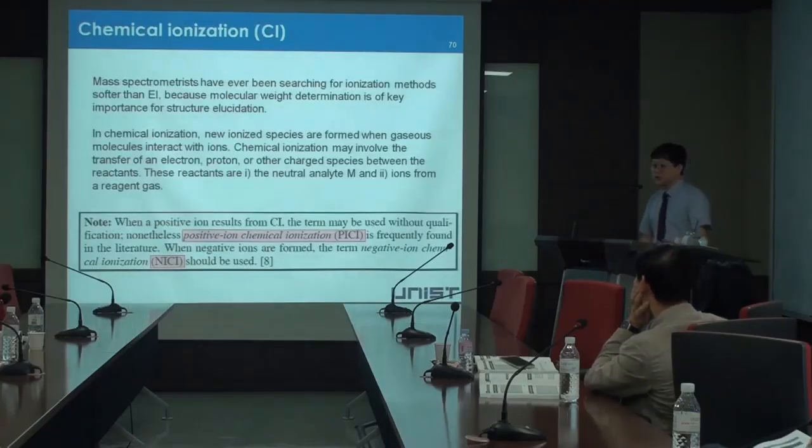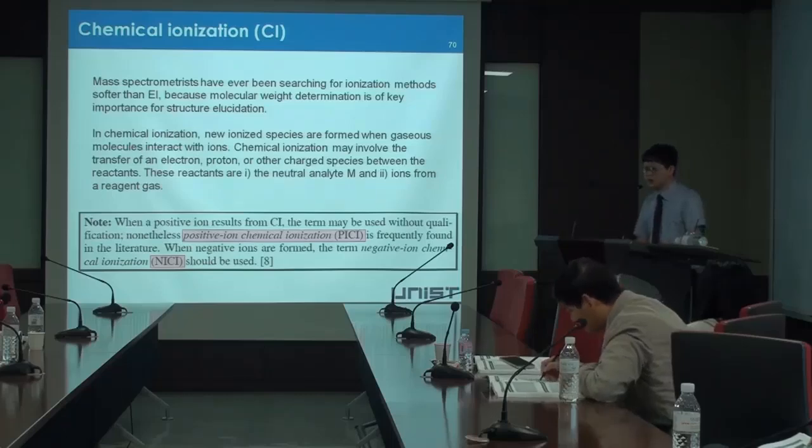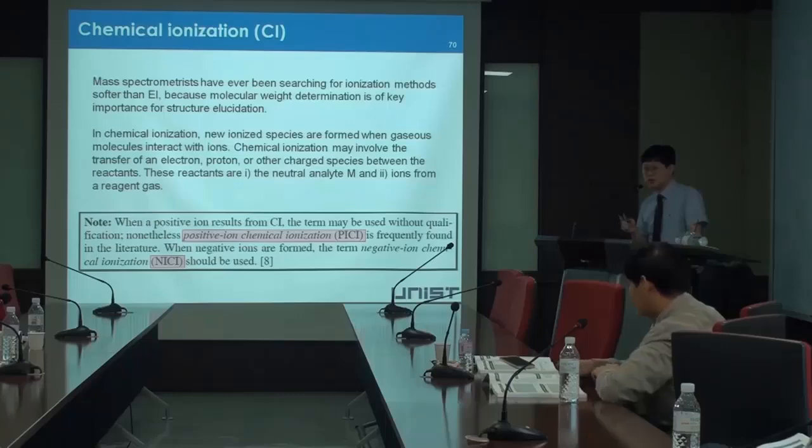Okay, EI is generally a good option, but for very soft chemicals, they lose molecular weight information. For those cases, we can use CI, chemical ionization. This is a very soft method. They do not use electrons.